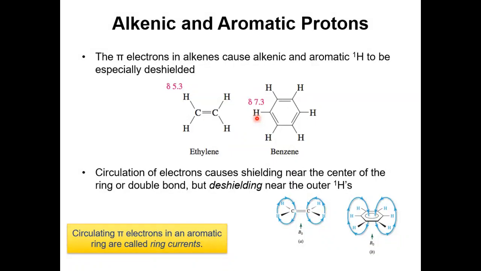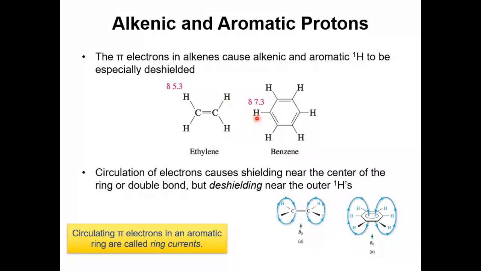The pi bond is formed by side-to-side overlap. Assume this is one half of a p orbital, and this is another half of a p orbital. This is the pi bond. The side-to-side overlap of the pi bond is significantly weaker than the sigma bond.